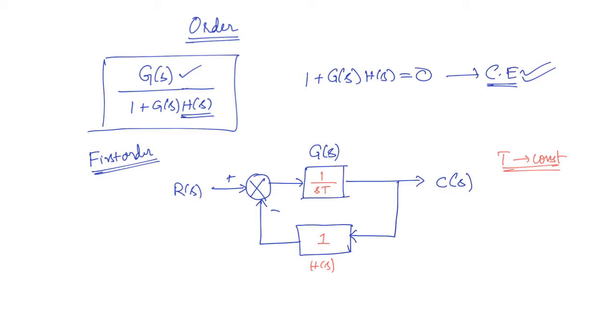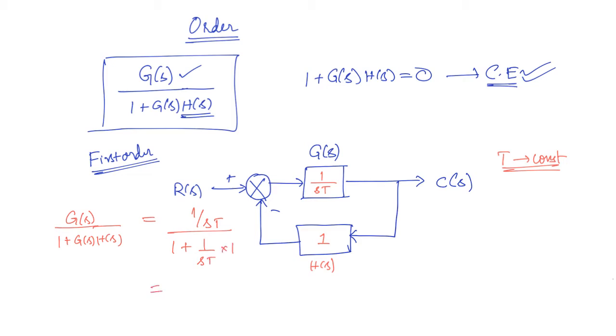Now what is the transfer function? G(s) by 1 plus G(s)H(s). This will be equal to 1 by sT divided by 1 plus 1 by sT into 1.